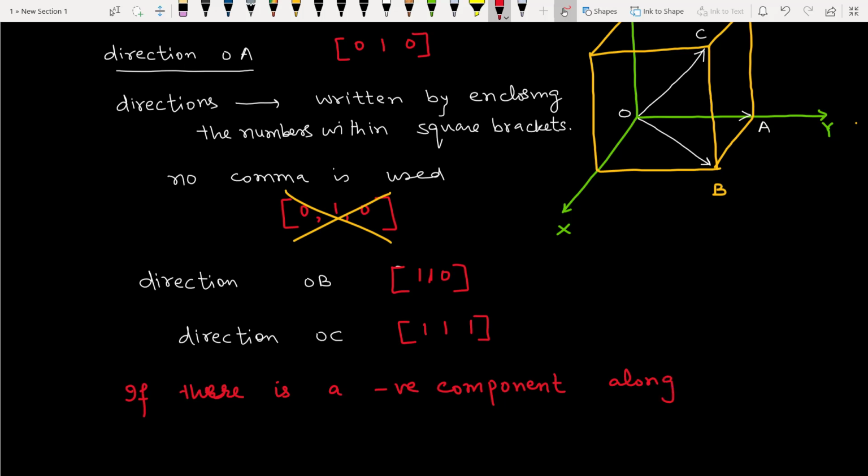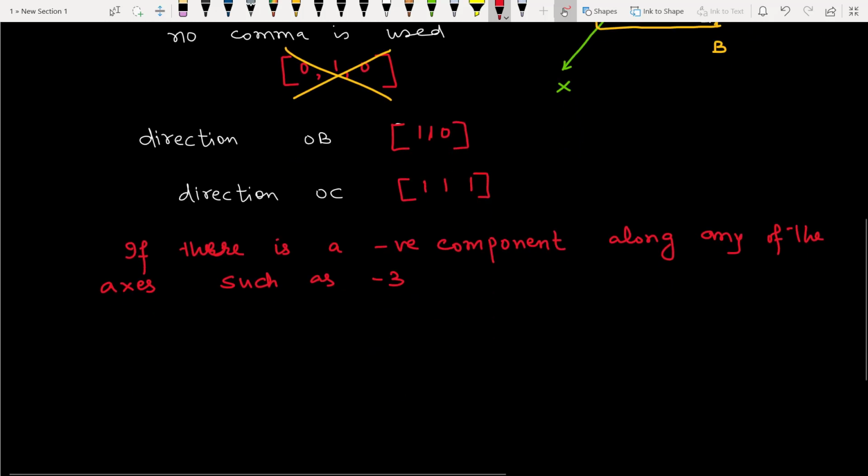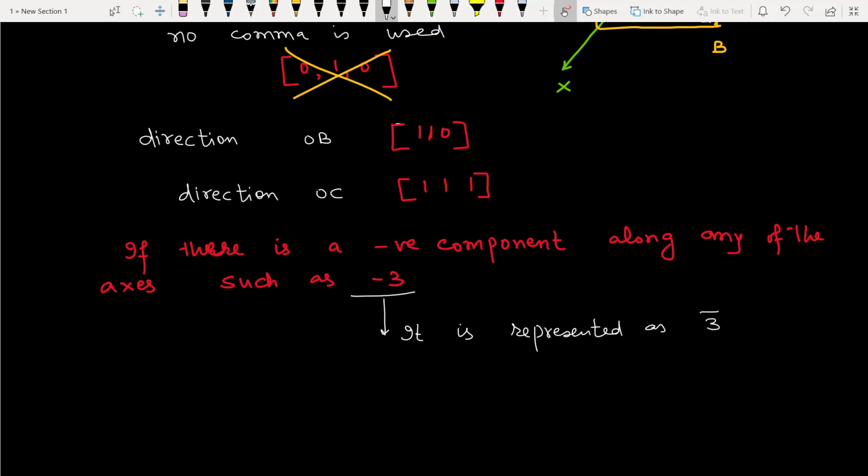So along any of the axes, for example, we take -3, then according to Miller, in directions, it is represented as 3 bar, and it is read as 3 bar. Bar means it is along the negative axis.